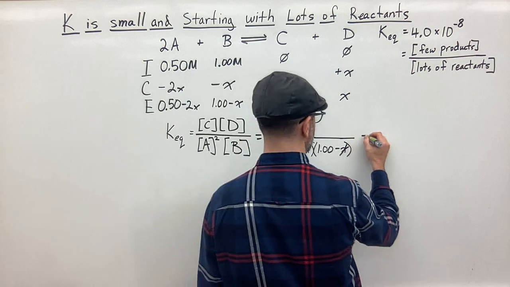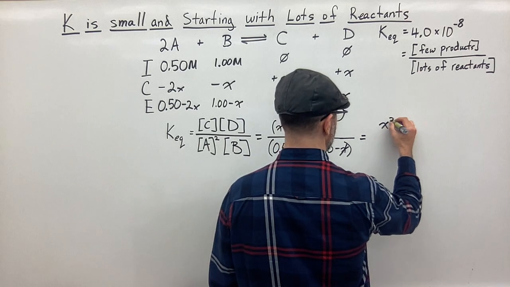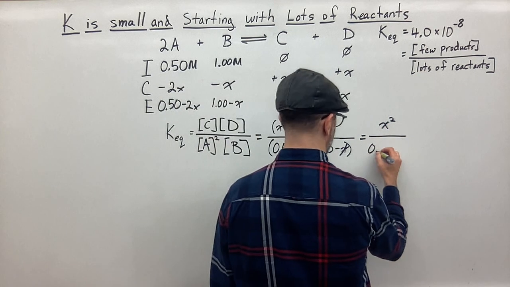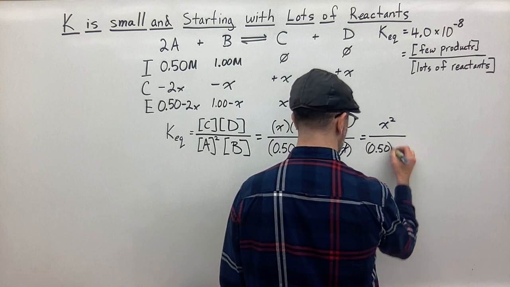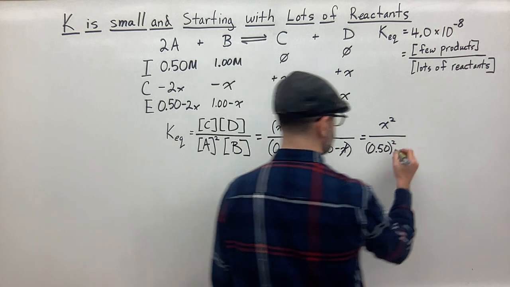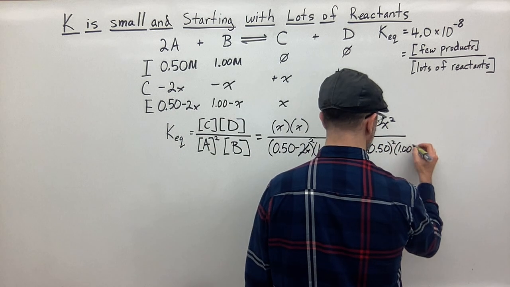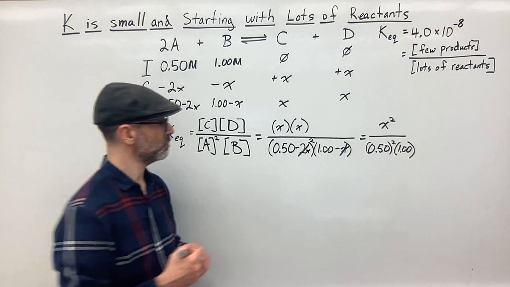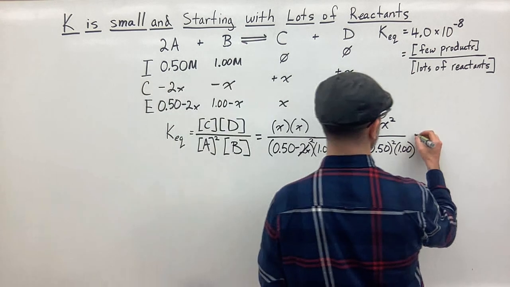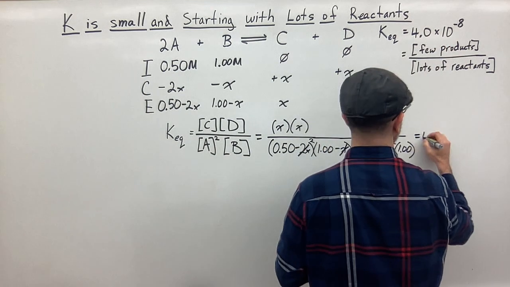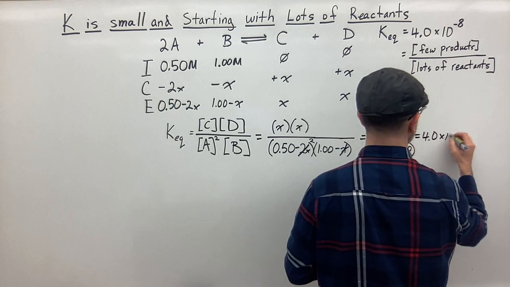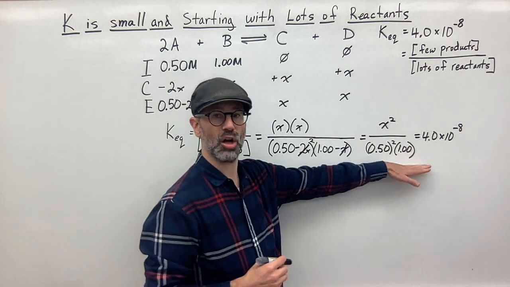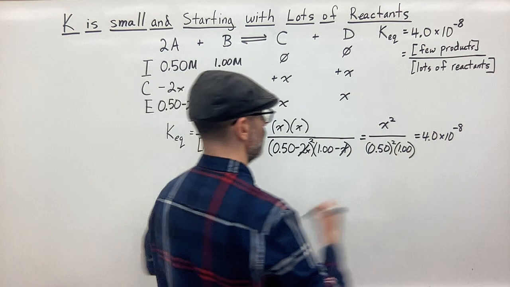So then that simplifies everything. So then this becomes x squared over 0.50 squared multiplied by 1.00. And so that is much simpler to solve. And so I know that this is equal to this number here. So that's going to be 4.0 times 10 to the negative 8. And so now I can solve this for x like so.